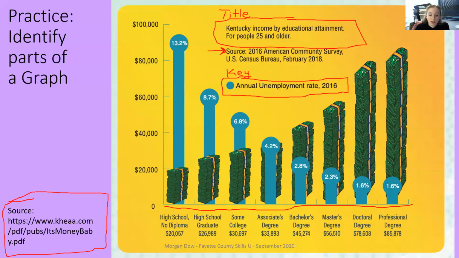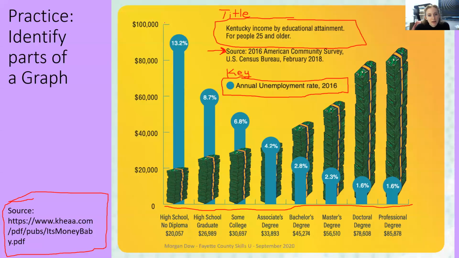So it starts with high school, but no diploma. So people who attended some high school. And then we've got high school graduate, some college, associate's degree, bachelor's degree, master's degree, doctoral degree, and professional degree. So we've got these different levels of educational attainment. That's what the horizontal axis is telling us.